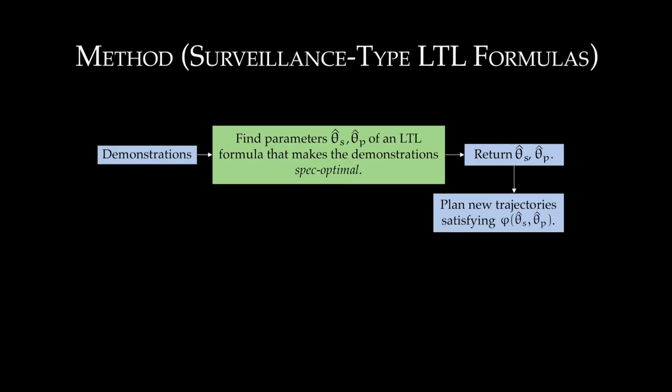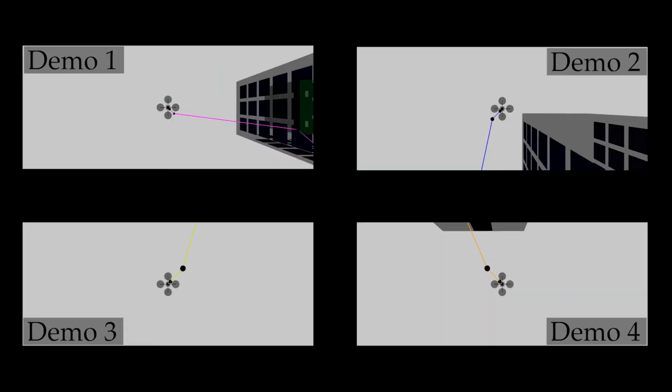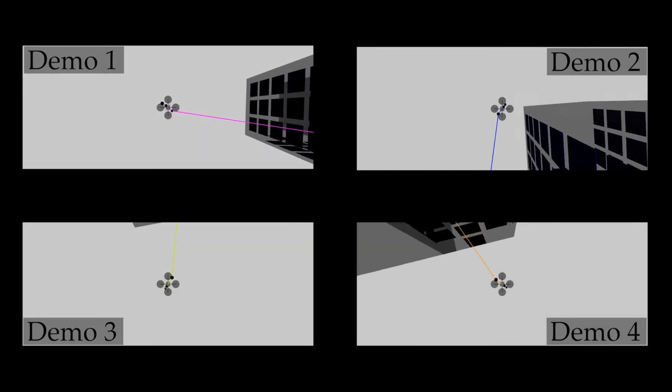For a class of tasks where subtask ordering is not important, we can leverage the spec optimality condition to learn a consistent formula in one shot without using the falsification loop. Please see the paper for more specifics on spec optimality. In this example, a 12D simulated quadrotor is tasked to visit the three green regions in any order while not crashing into the building. We obtain 4 demonstrations completing this task.